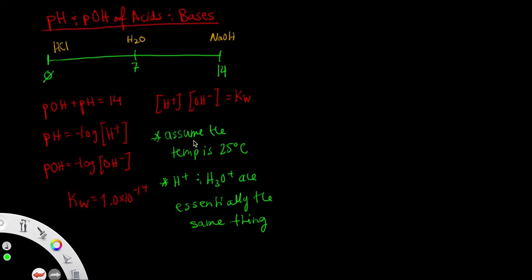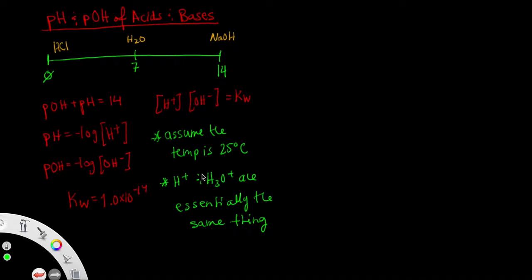Now, these two asterisks in green are very, very important because they give you some pre-assumptions that you have to make when it comes to solving these problems. The first assumption you have to make is that the temperature is 25 degrees Celsius. That's the most normal temperature that we'll use when it comes to dealing with acids and bases.